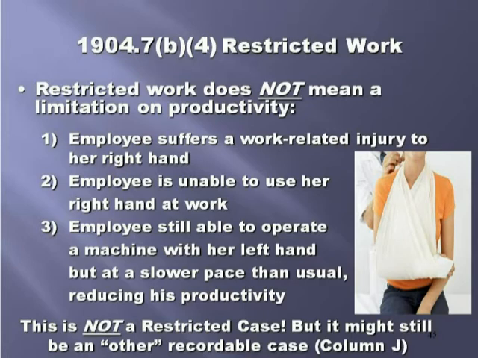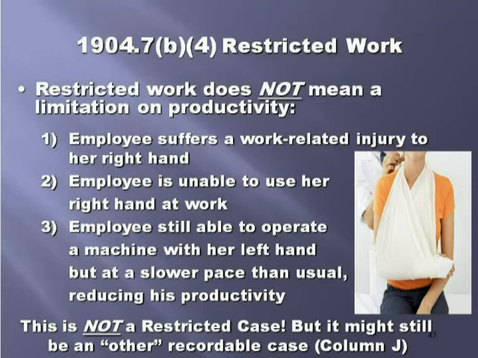It has been our experience over the years that many employers may tend to over-record on restricted work. Please be aware that OSHA's definition of restricted work does not mean a limitation on productivity. For example, on this slide, you will see that the employee suffers a work-related injury to her right hand.